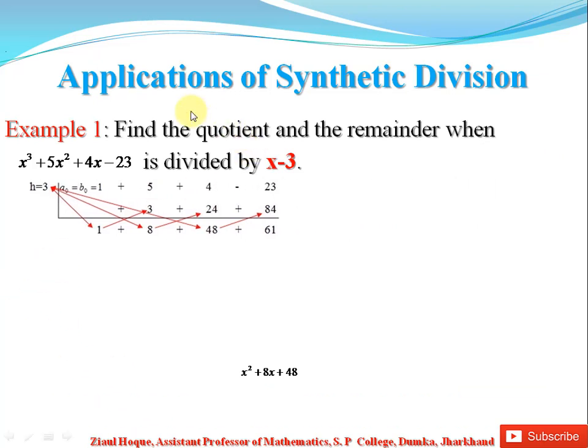Now, applications of synthetic division. Example 1. Find the quotient and the remainder when the polynomial x cube plus 5x square plus 4x minus 23 is divided by x minus 3.